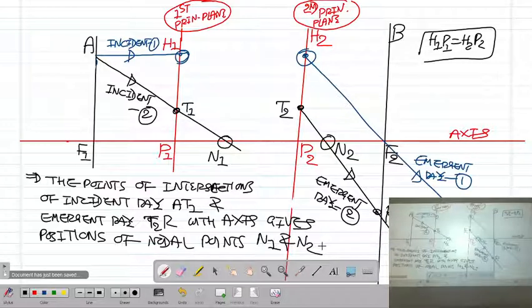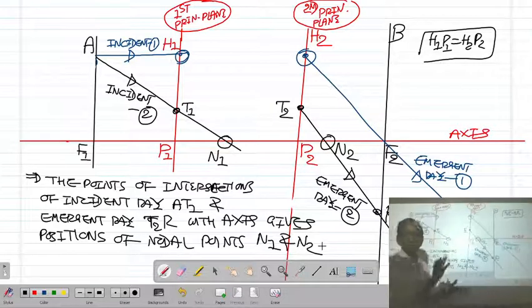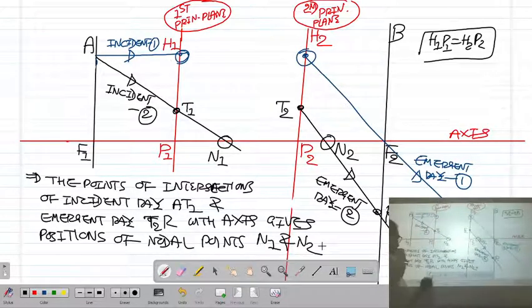Okay. The planes passing through these points N1 and N2 and perpendicular to the axis are called nodal planes. So that we also mentioned.